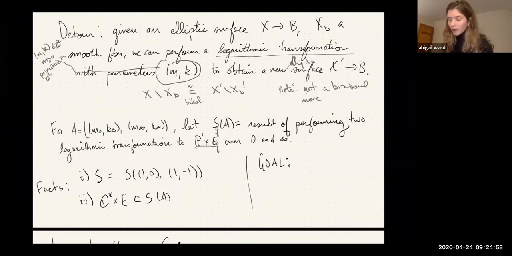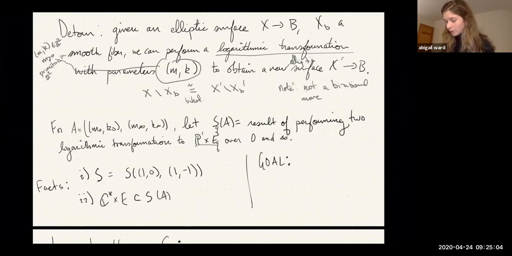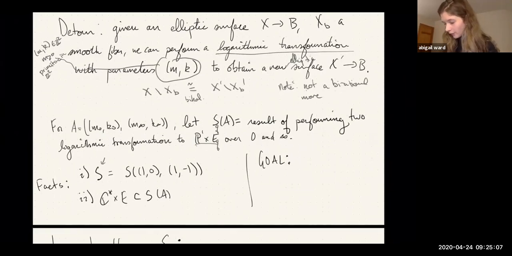And then it's a fact that the classical Hopf surface S is equal to this thing in the case where the parameters are (1, 0), (1, -1). So (1, 0), I didn't tell you this, but that's a trivial move. So you're just performing one logarithmic transformation over infinity.